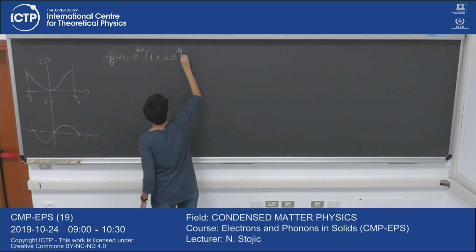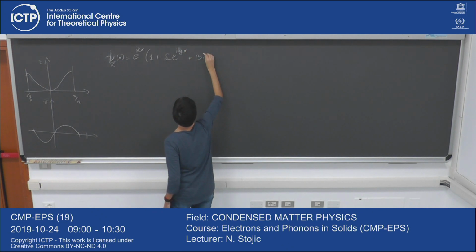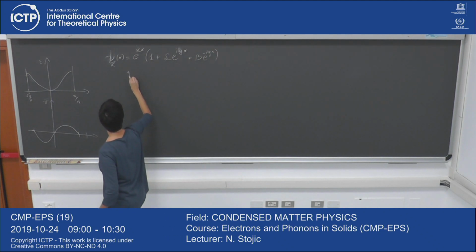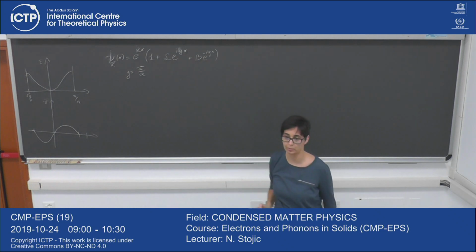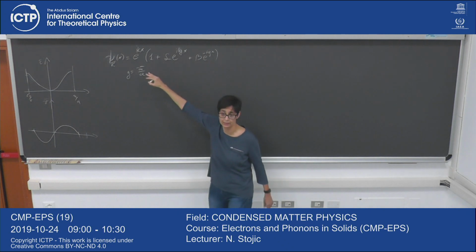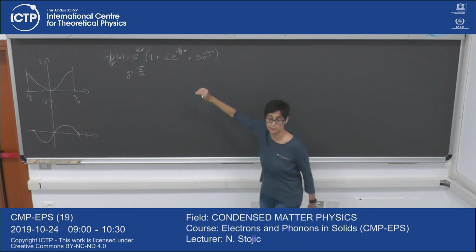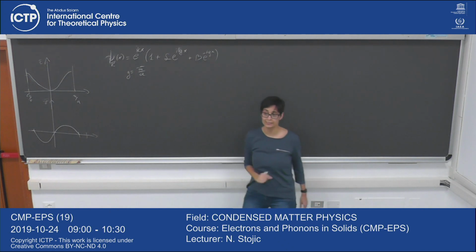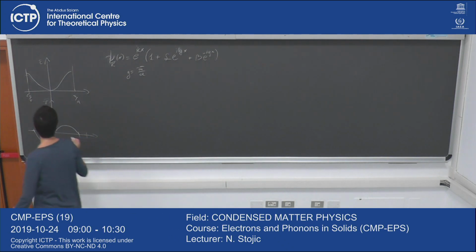Let's call it G, x, and G is the magnitude of the vector of the reciprocal lattice. This is obviously a Bloch state. You have a phase and a part which is periodic, with period 2 pi over a. So it is clear. And then what happens when you start from 0?